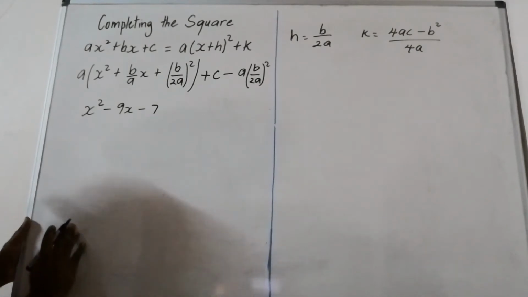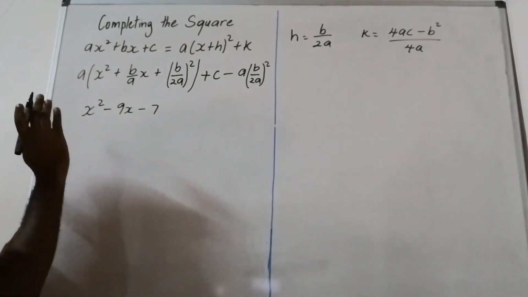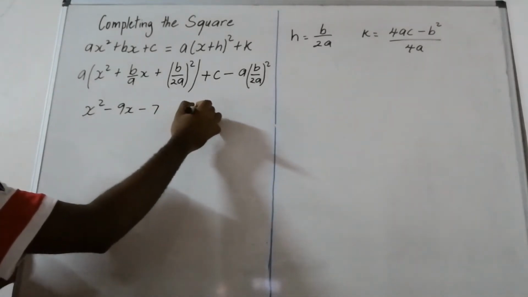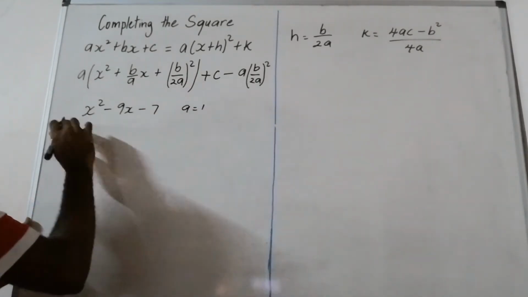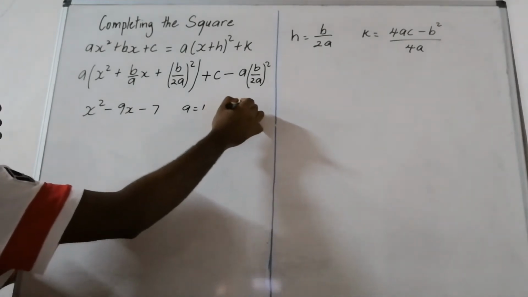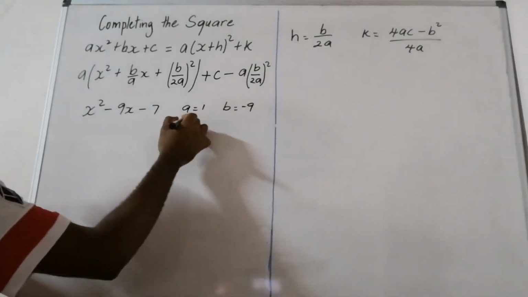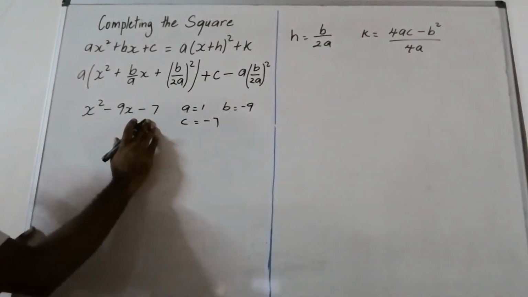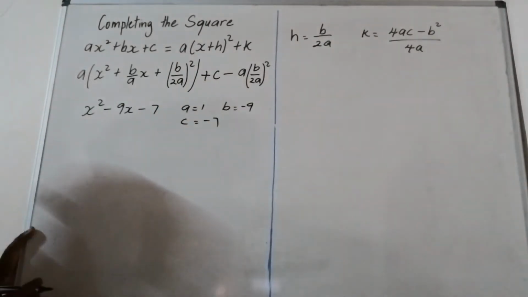So first, let's identify what a, b, and c would be. a is equal to 1, b is equal to minus 9, and c is equal to negative 7.